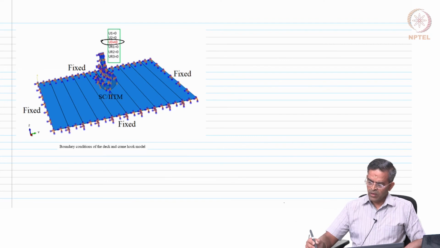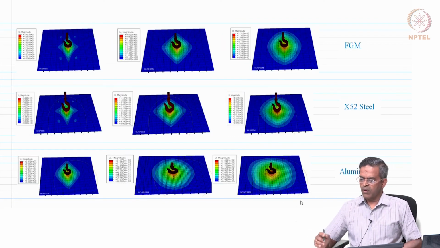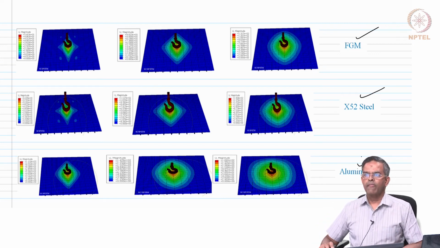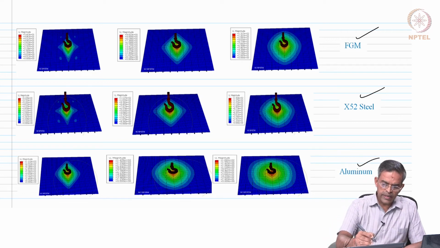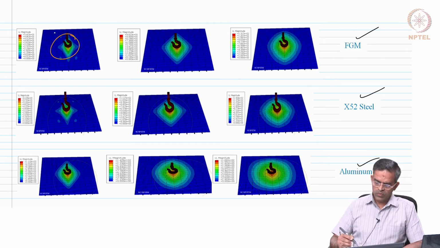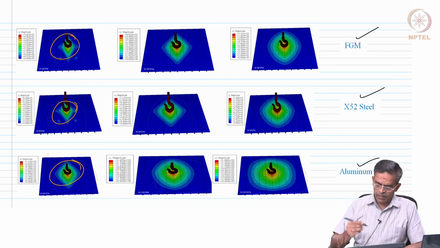So, the deformation contour for all the three materials has been shown here. FGM has the stress concentration only on a smaller area compared to X52 and aluminum.